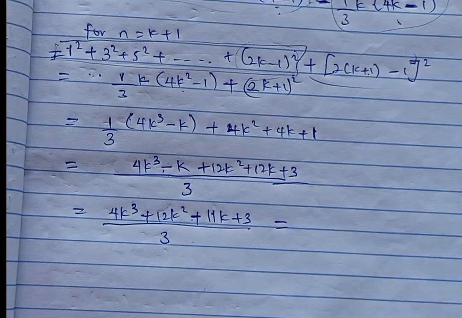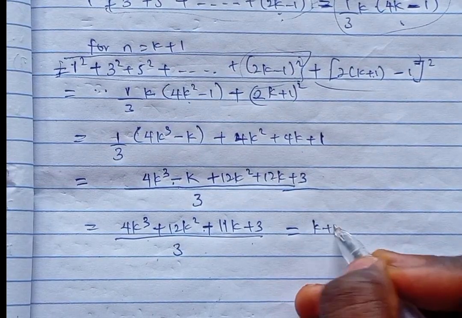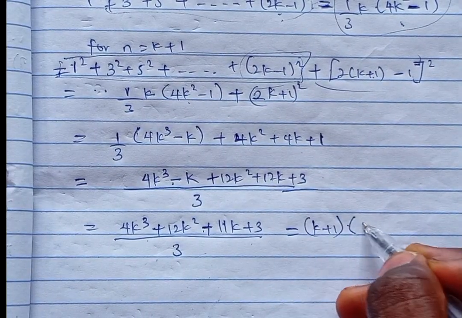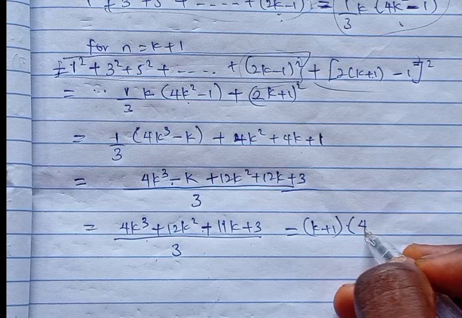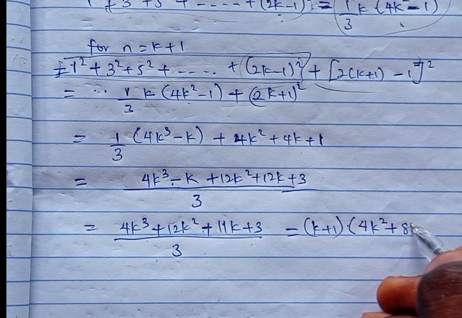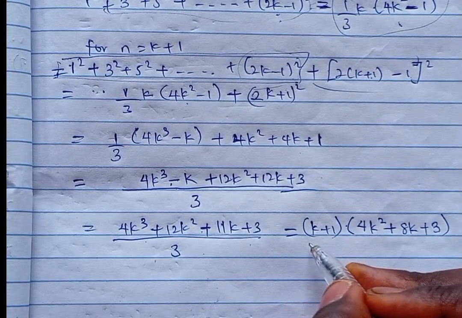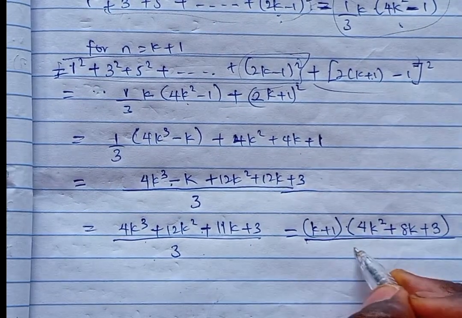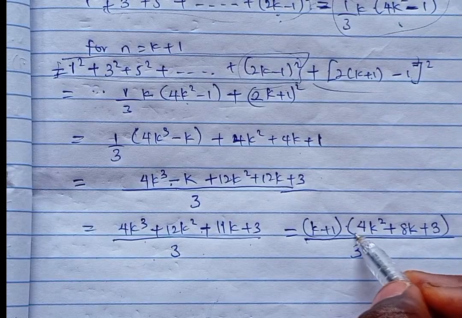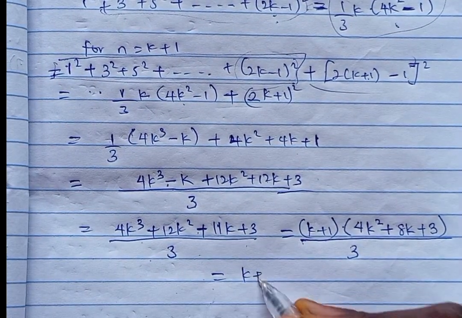So how will you get that one? If you factorize k plus 1, you have k plus 1 into 4k squared plus 8k plus 3, everything divided by 3. You understand? And I can also simplify this one, since we have k plus 1 already.